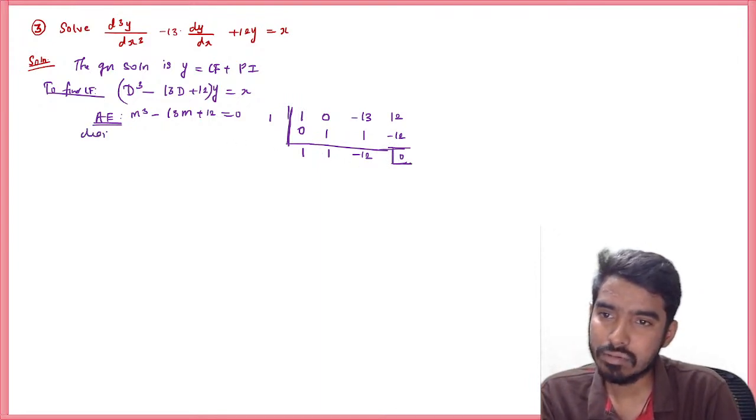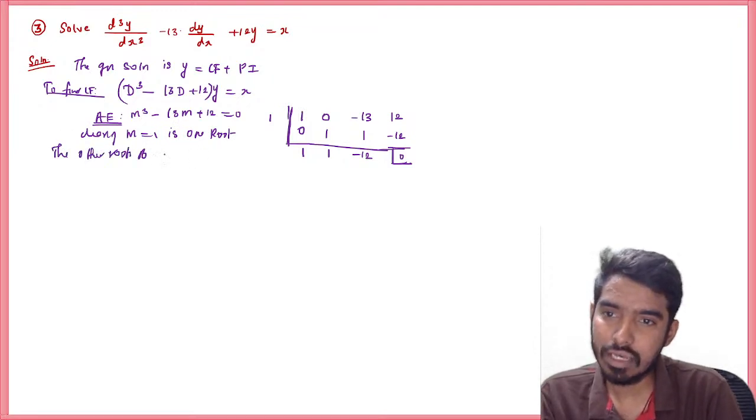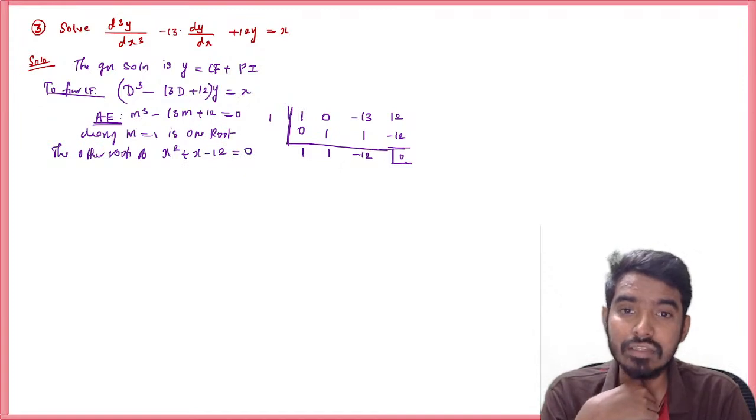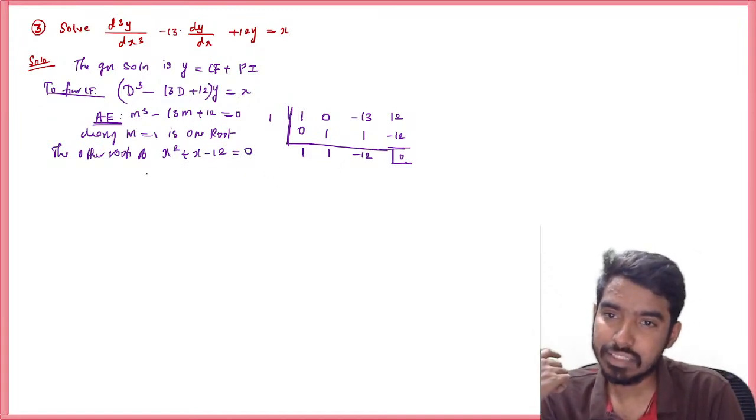Clearly m is equal to 1 is one root. The other two roots are the solution of x square plus x minus 12 is equal to 0, where these are the coefficients of the square term, the x term, and the constant term. We'll solve this equation.